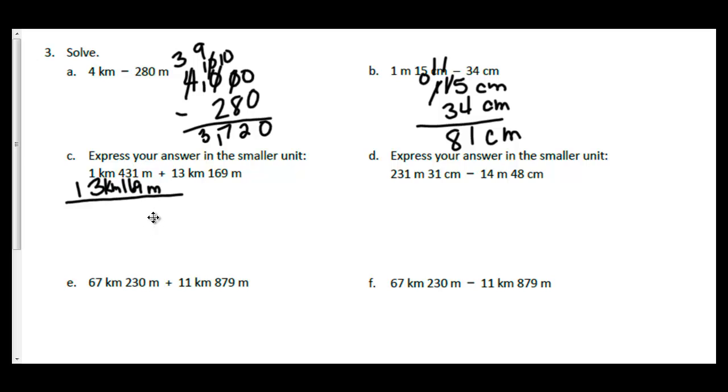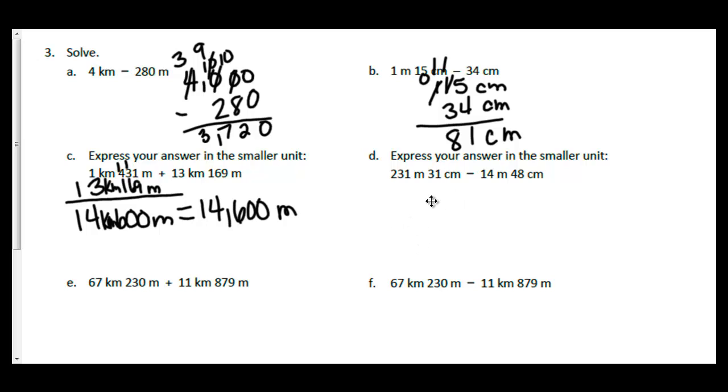So I've got meters, and I'm going to regroup here so that I have 10, 600 meters, and 14 kilometers. So I'm going to convert. So this is going to be 14,000 meters plus 600 meters, which would be 14,000 meters. See if you can try the next one by yourself.